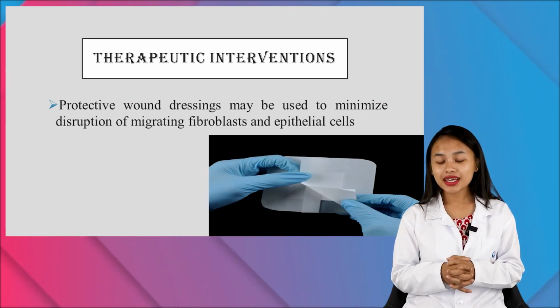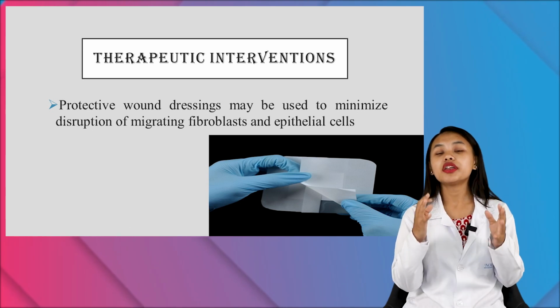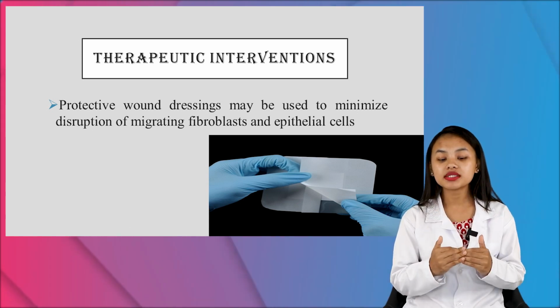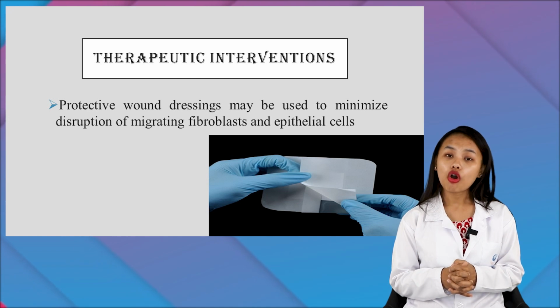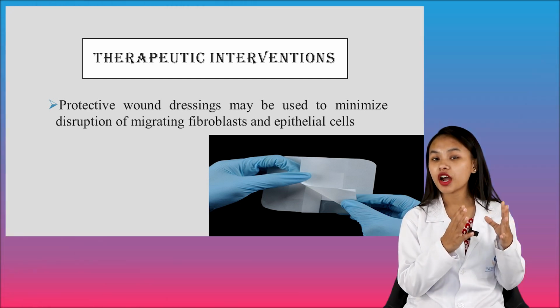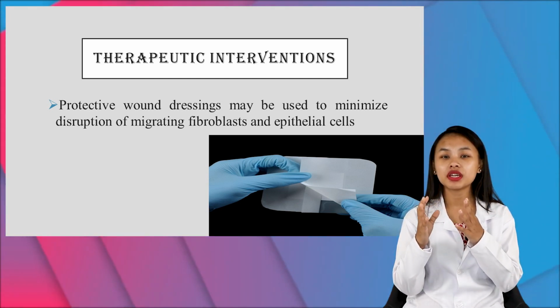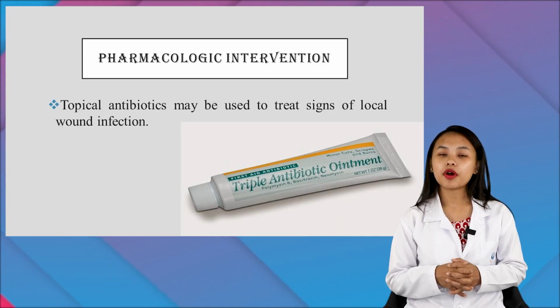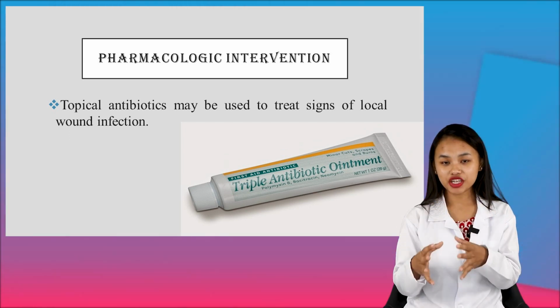Protective wound dressing may also be used in order to minimize the disruption of the migrating fibroblasts and the epithelial cells, as well as to provide a moist and nutrient-rich environment for wound healing. So this is about the therapeutic intervention.